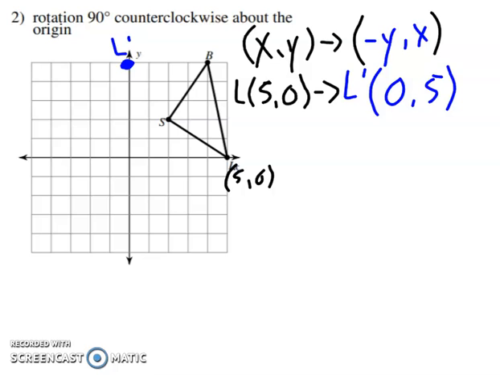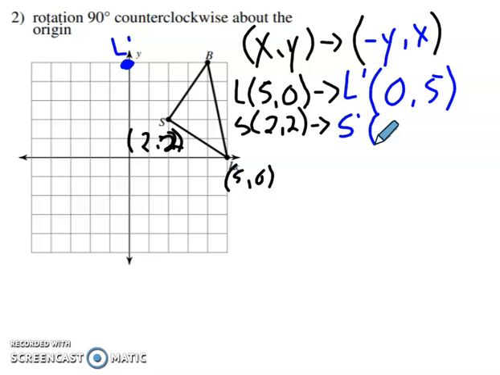Okay, let's look at S right here. So S is 2, comma 2. That changes into S prime.